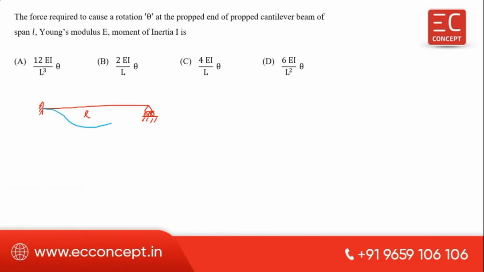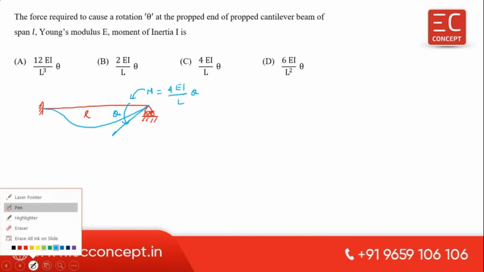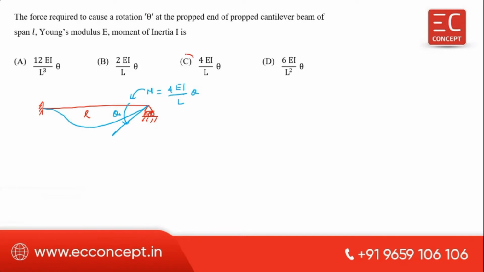So this is the rotation theta. To cause this theta, how much moment you have to apply, M? M is equal to 4 EI by L. So this much moment is required to create a theta rotation. Therefore, this is the answer.